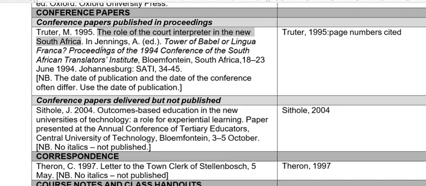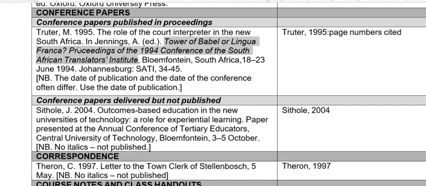Then you would say in, because this conference paper will be published in proceedings. So you say in, you'd put the editor's name, Jennings, comma, A, full stop, and you'd put ed, full stop, in brackets, full stop afterwards, the title of the proceedings.